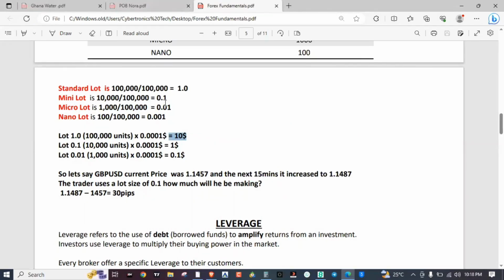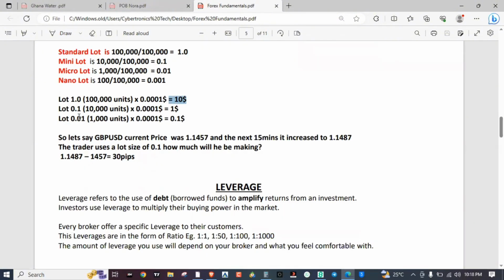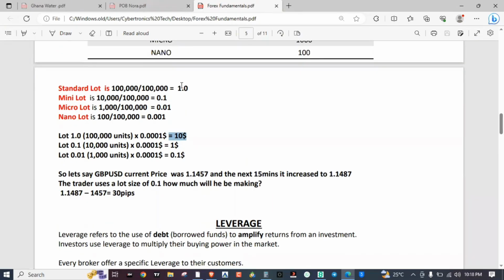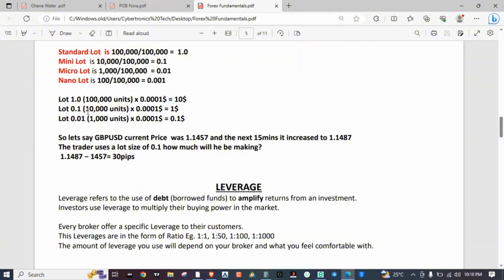So if we enter 0.1, how did we get a 0.1? We will get to that point. All right, so let's focus here. This is 10,000 units multiplied by a pip.